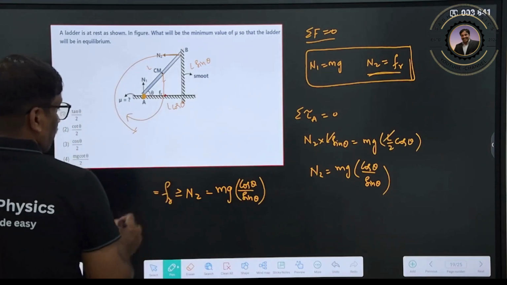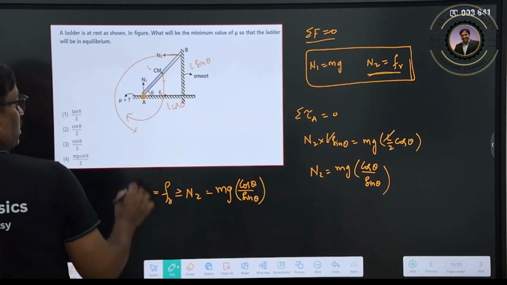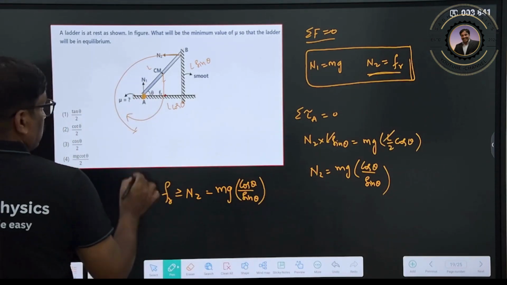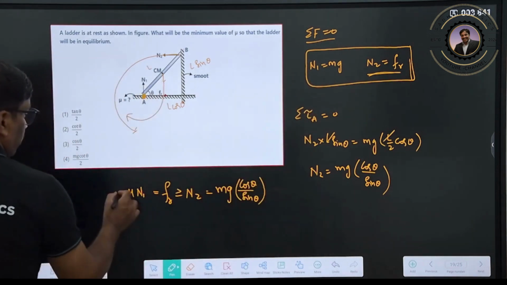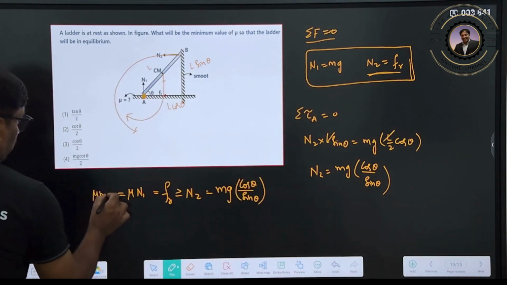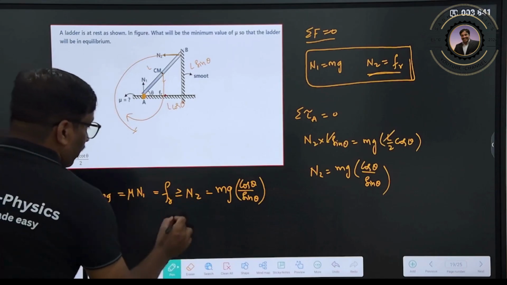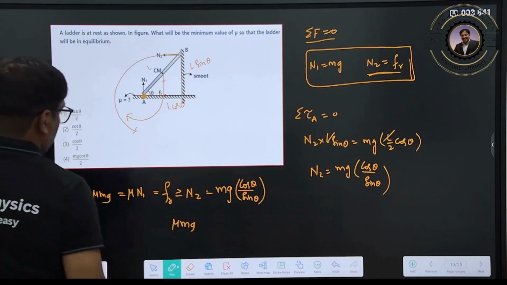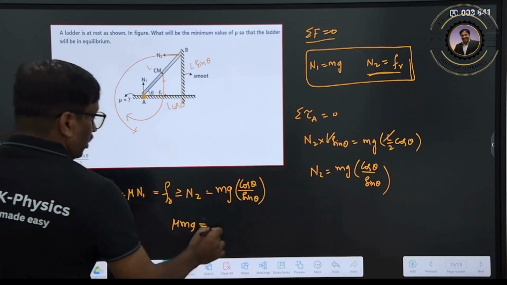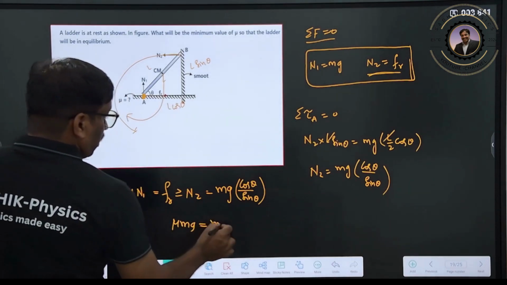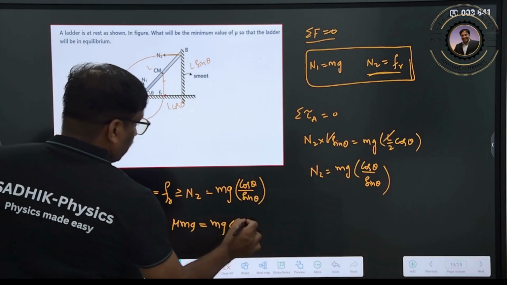So what can you write for the frictional force? The normal reaction at this point is N1, which you know, so mu into N1, that is mu into mg. Finally, mu into mg, the minimum value should be equal to mg into cot theta, clear?